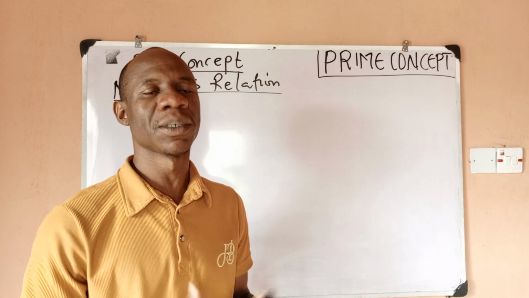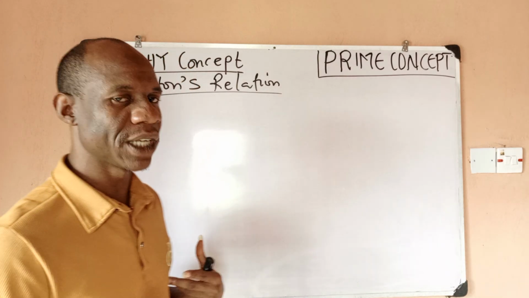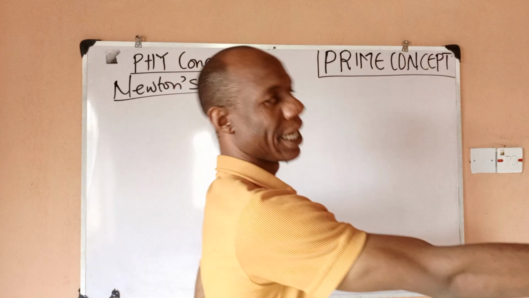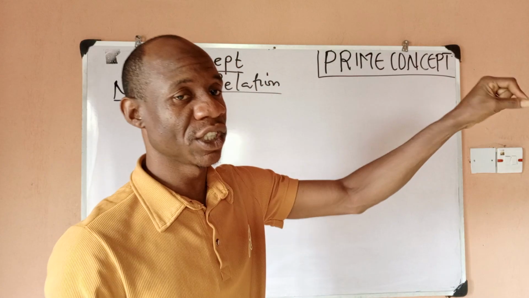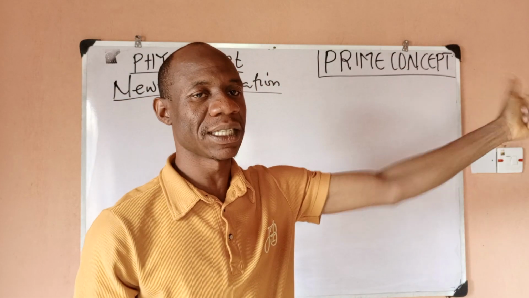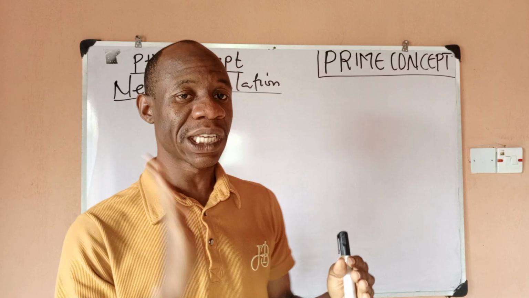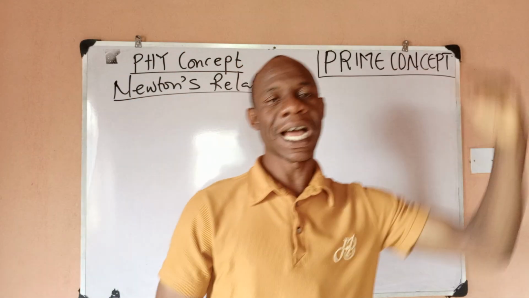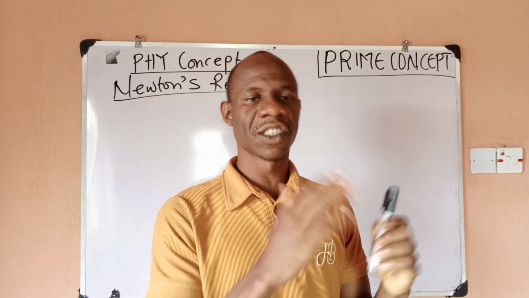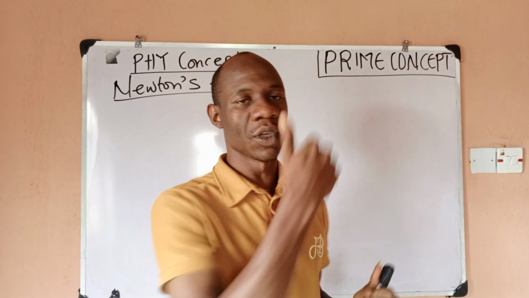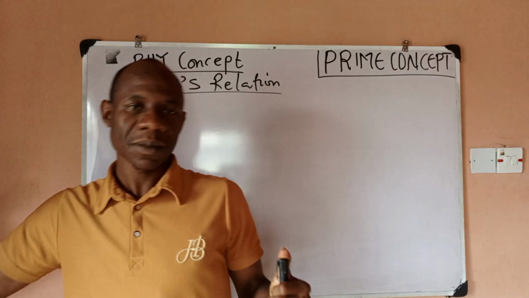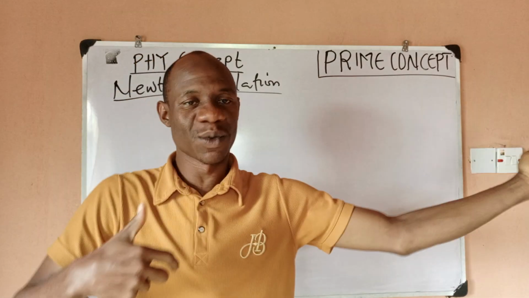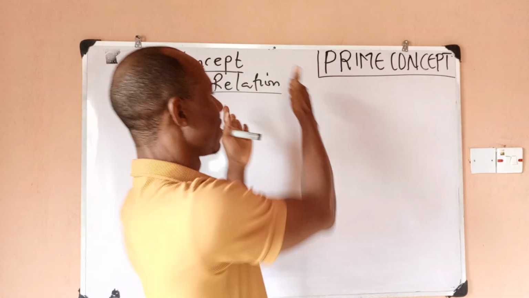And the relationship says that if an object approaches a lens, the image would recede from that lens. That is to say, when you bring an object closer to a lens, the image would move further away from the lens. That is what this principle is saying. So if you take an object far from a lens, the image comes what? Close. So that is what this principle is saying.